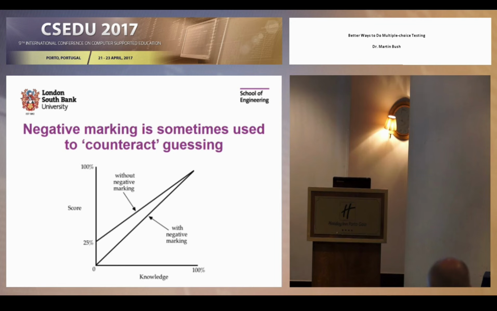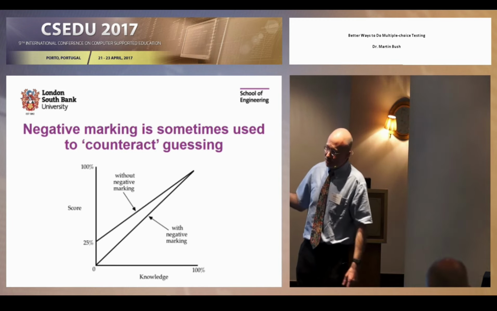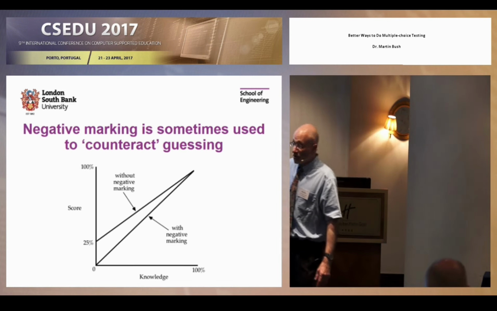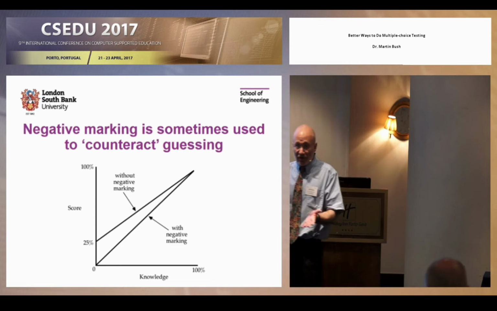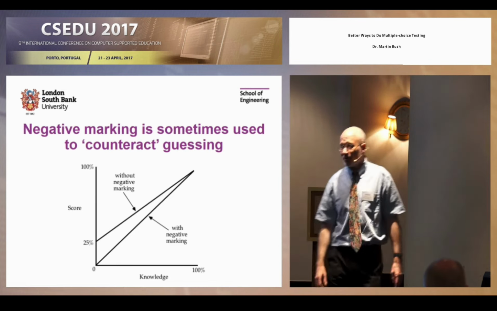So if you have a test where the pass mark is high, 80% or 90%, you don't need to worry so much about the unreliability or the guesswork. But if you have a low pass mark, like 40%, and especially if you don't have that many questions in a test, then I think you need to worry a lot about reliability.